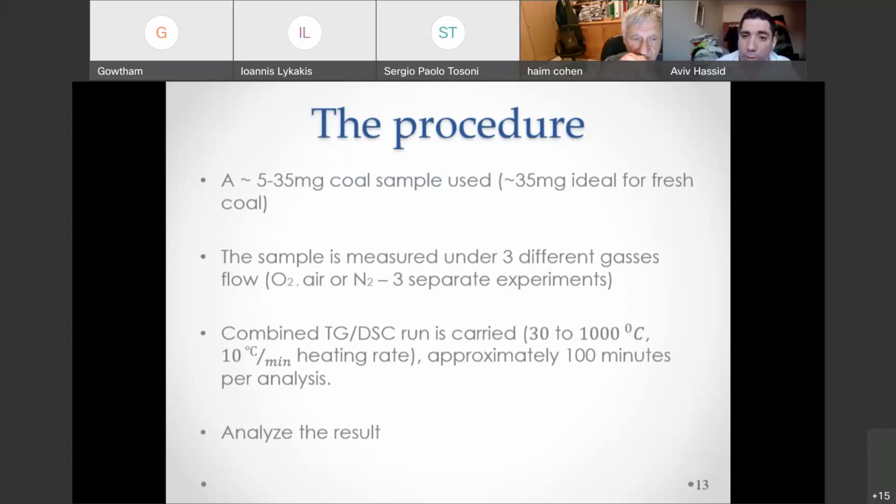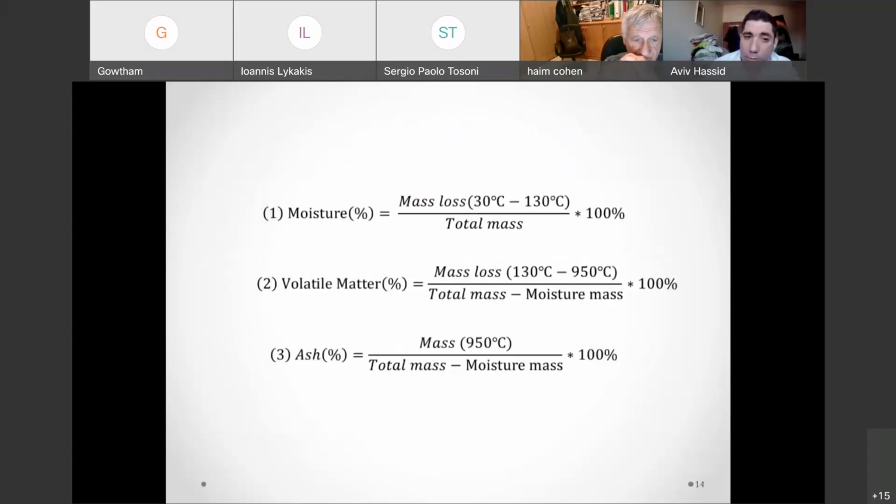And we analyze the result. And here are the equations we use for the analysis of the result, quite similar to what we mentioned earlier about what each of those properties represents.